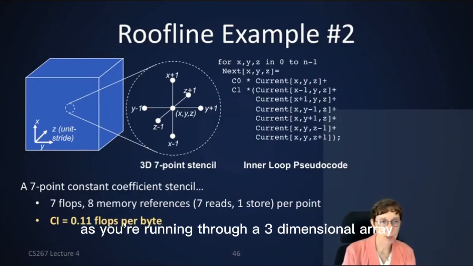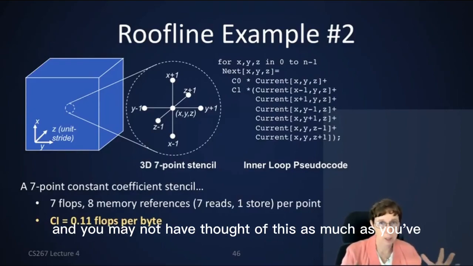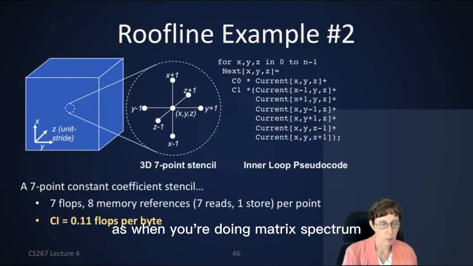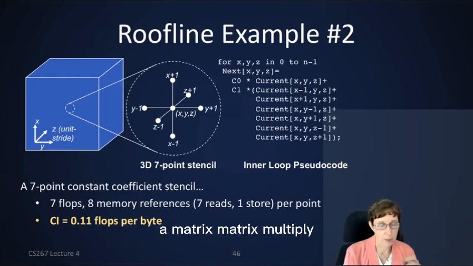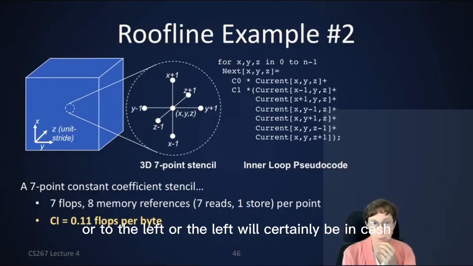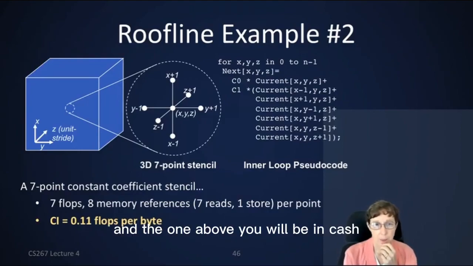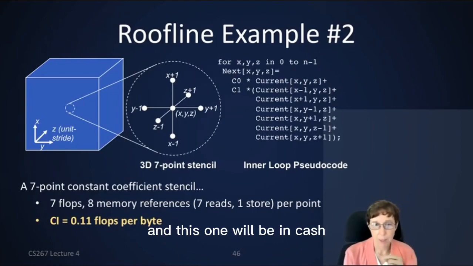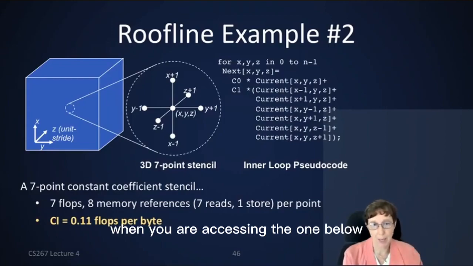Now, it turns out, though, that if you think about what the cache is doing as you're running through a 3-dimensional array, and you may not have thought of this as much as you've certainly thought about 2-dimensional arrays, as when you're doing matrix vector multiply or matrix multiply, but in a 3-dimensional array, when you're going through here, some of the values as you're looking above and below you or to the left will certainly be in cache, and the one above you will be in cache, and the ones behind you may also be in cache, and this one will be in cache from the time above when you were accessing the one below.